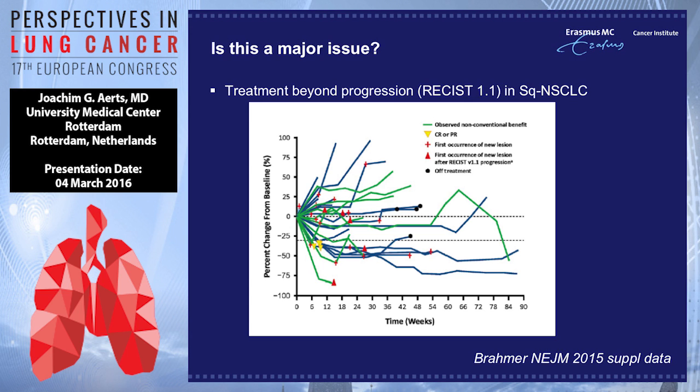And what you see here is also the green line and the blue line. And the blue lines are these patients who are having either a complete or partial response on the nivolumab. So these were patients treated. They got a major response with a partial response or a complete response, and then there was a growth of their tumor again.